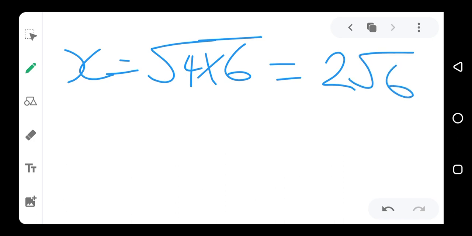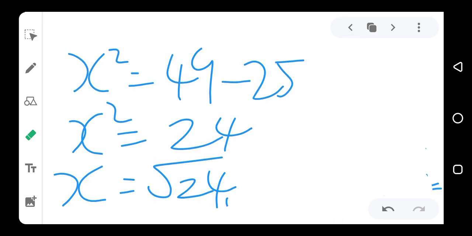Now 2 root 6 we can solve straight to get the value, or we can leave it as 2 root 6. Okay, let me leave it as 2 root 6. Now let's solve the other side.